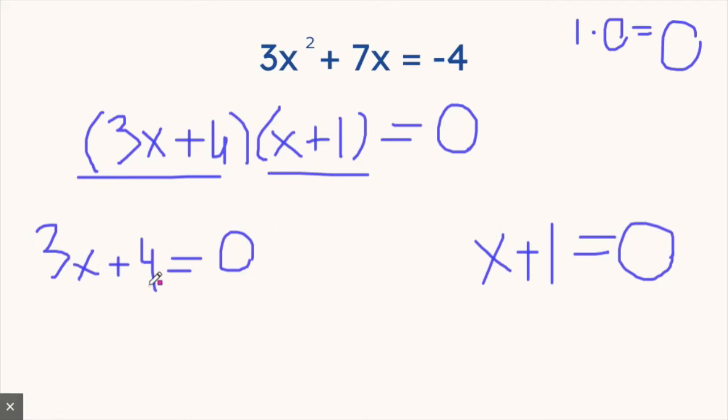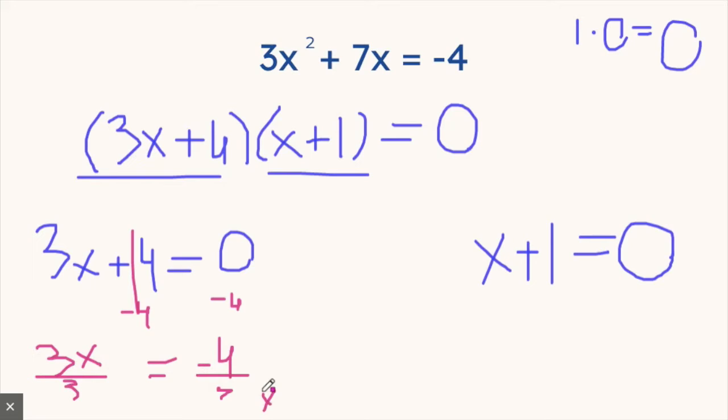All right, then we solve normally. Minus 4 on both sides. We're left with 3x. The 4's cancel out. 0 minus 4 is negative 4. Divide both sides by 3. x is equal to negative 4 over 3.